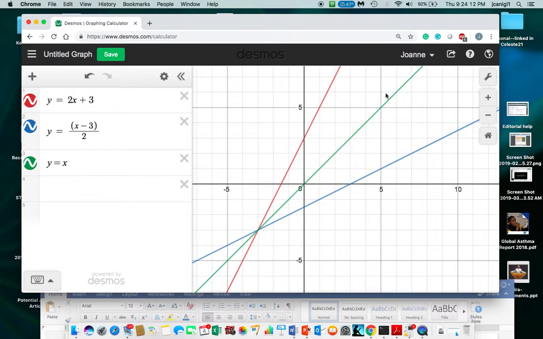If I would fold them over the y is equal to x line, you would see that they would fold onto each other. You don't have to graph this line, but you can imagine it in your mind and say these two functions are inverses of each other because that line would go directly between them.